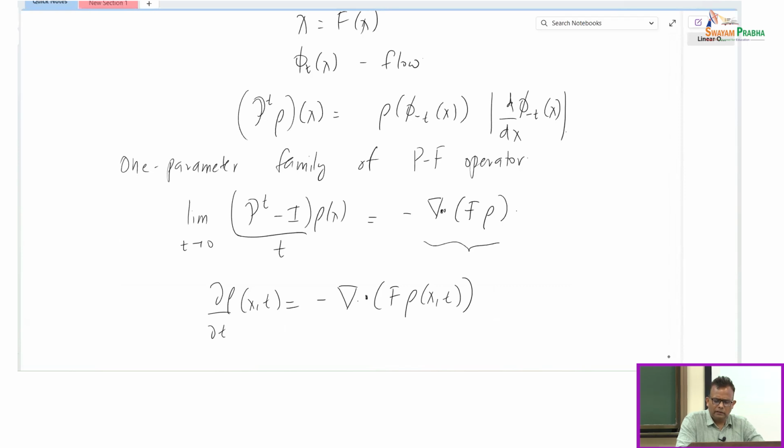This is a divergence operator. So f rho is a vector, and then you are taking the divergence. If I want to open this up, if there are n variables, this will be the sum over i equals 1 to n of partial with respect to x i of f i rho, where f is the vector of n components.